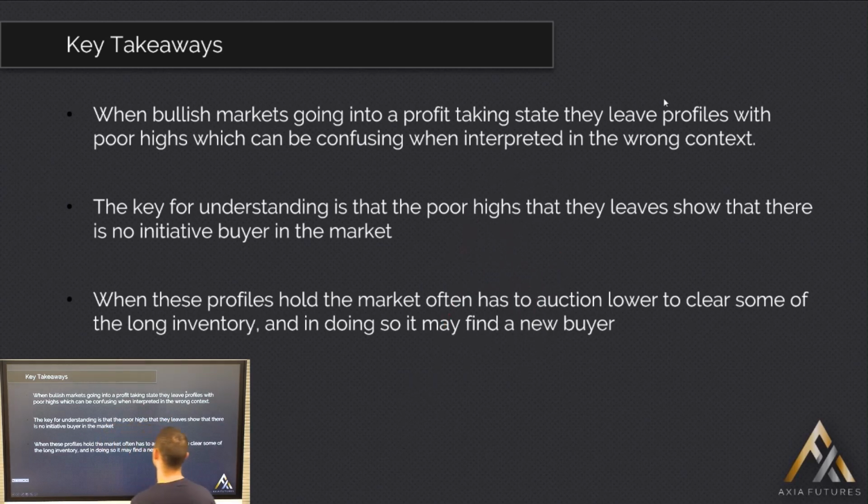And so when you get these profiles holding, as in I've got a couple of these profiles and we're all doing this kind of thing, lower highs, so they're holding, as in there is no buyer able to take us through the highs, then the market very likely has to auction lower to find a new buyer before it's going to take out those highs.